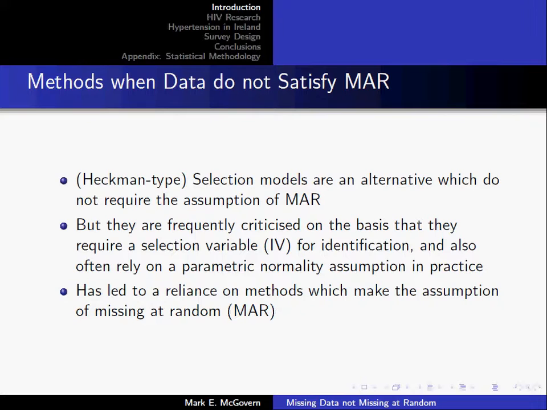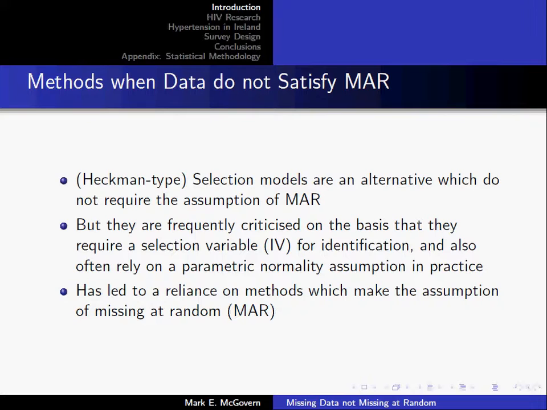But the issue is that they're not very frequently used for missing data in practice. And there's a couple of reasons for this, I think. So the first is that they require a selection variable for identification. So this is basically an instrumental variable type variable, something which predicts whether the person participates, but doesn't affect the outcome in another way.